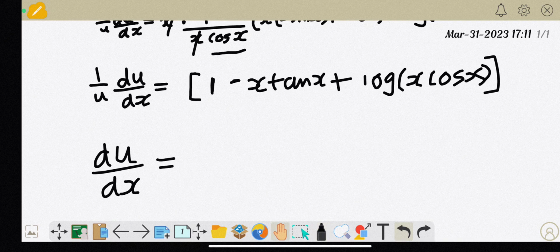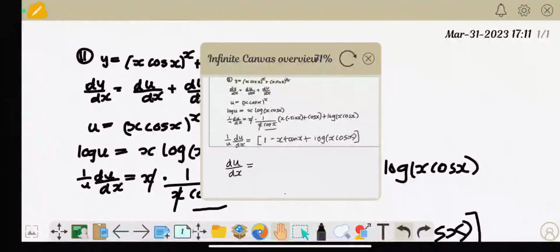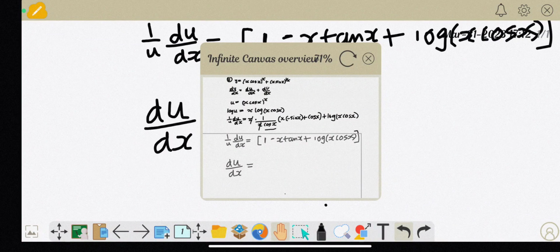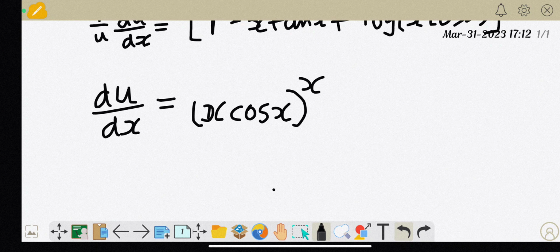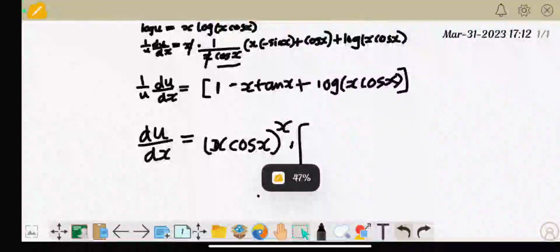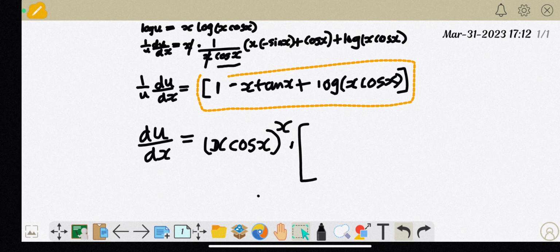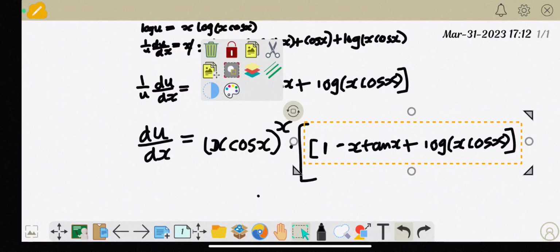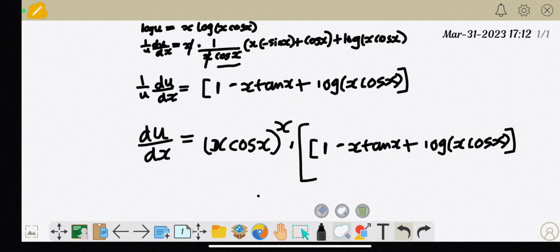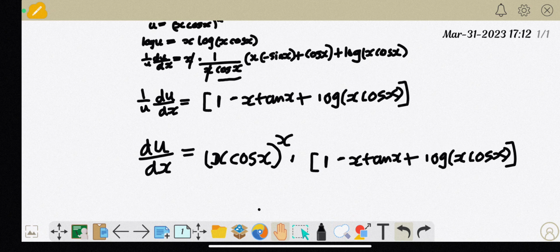What we assumed as u? U is our x cos x to the power x. So x cos x to the power x into this term, correct? I'll just remove this unwanted. So this is our du by dx.